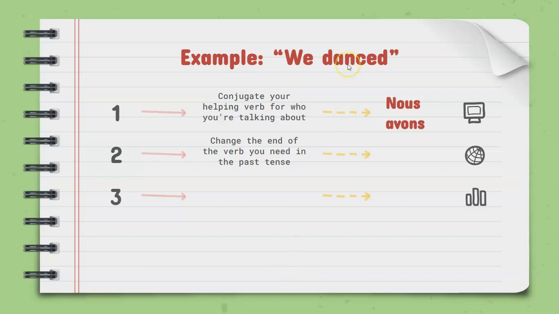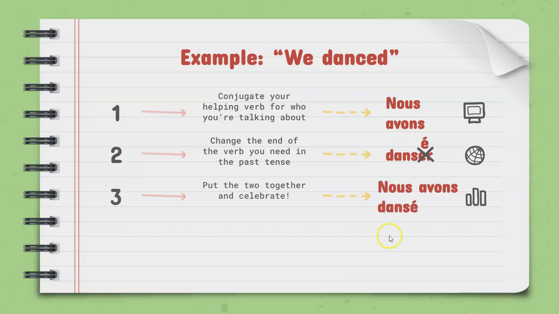Then we change the end of the verb we need in the past tense. In that case, that is to dance, which is danser. So we're going to cross off the er and replace it with an é. Now we put them together. Nous avons dansé. We need both of these words next to each other to make it mean we danced. It's very easy for people to forget the avons and to tell me nous danser. You really need both for it to be correct here.